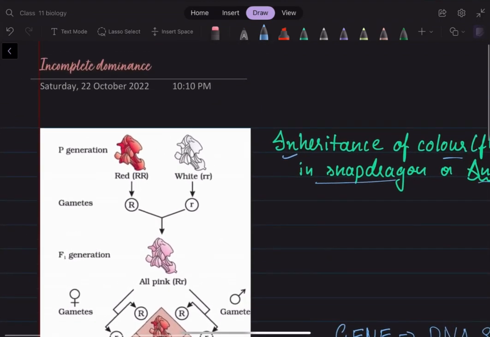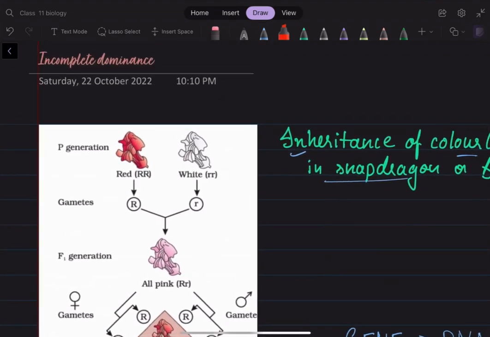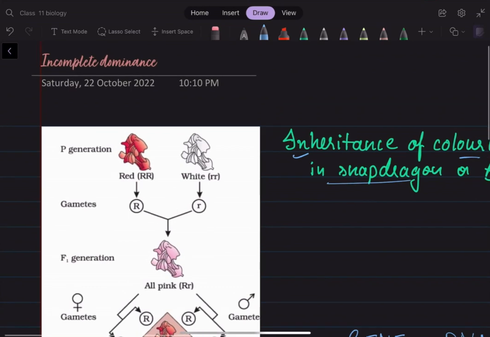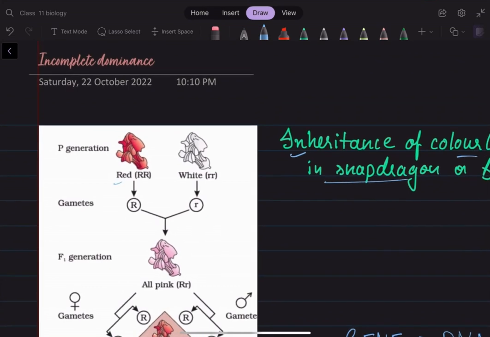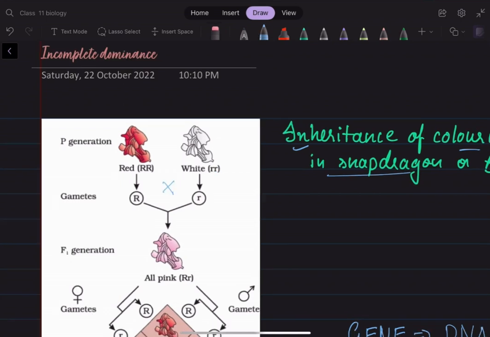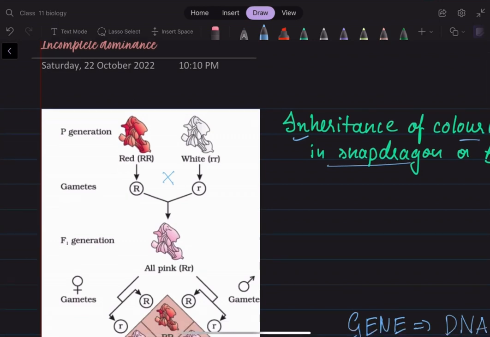So here they have taken a homozygous dominant plant which possesses red flowers, and a homozygous recessive plant which possesses white flowers, and they have crossbred. According to our knowledge of the law of dominance, we would expect all of the F1 generation to be red in color, but that doesn't happen.